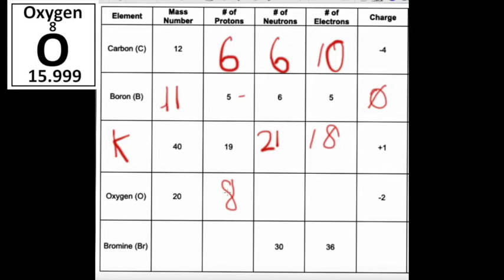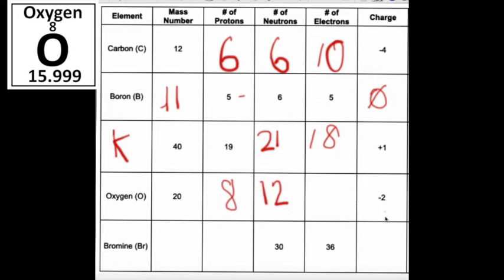So if there are 20 total protons and neutrons, but 8 of them are protons, how many neutrons do we need to add up to 20? The answer is 12. So this atom must have 8 protons and 12 neutrons in its nucleus.